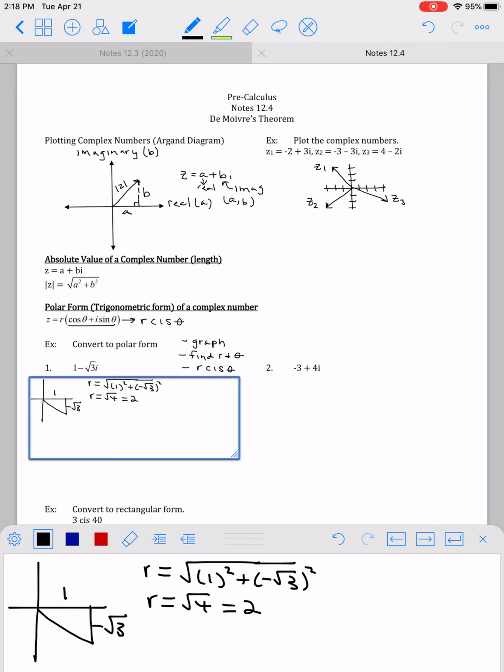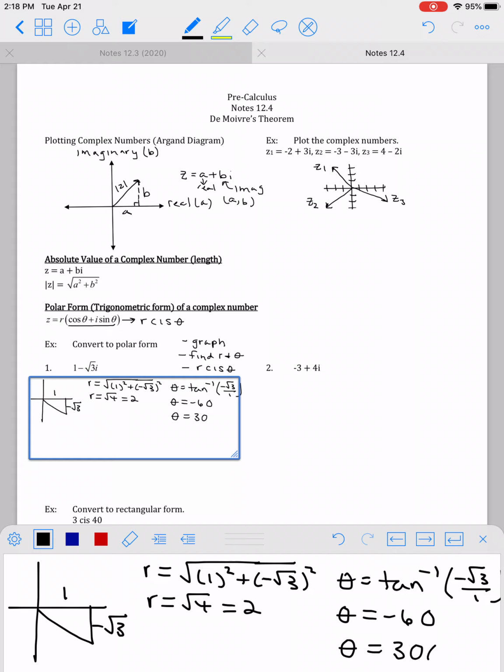And then for theta, we're going to use the inverse tangent, again like we did before, and the inverse tangent is going to be b over a. So negative square root of 3 over 1. And then we put that in our calculator, and we get negative 60. Now, negative 60, we want our angles between 0 and 360, so we have to go ahead and add 360 to that. So we're going to use the angle 300.